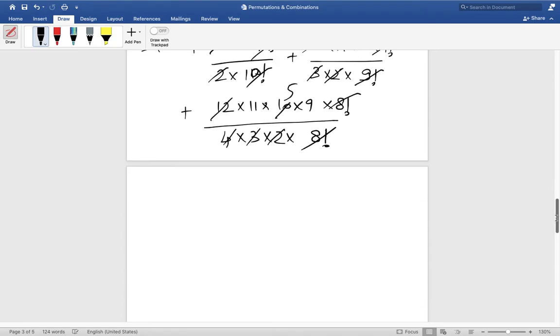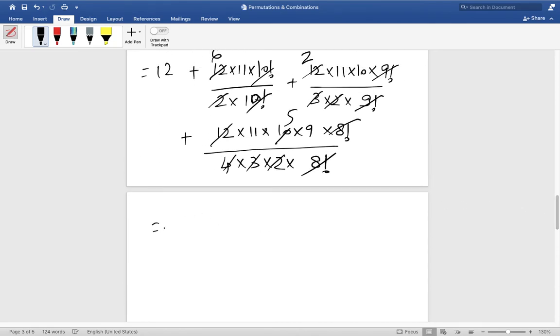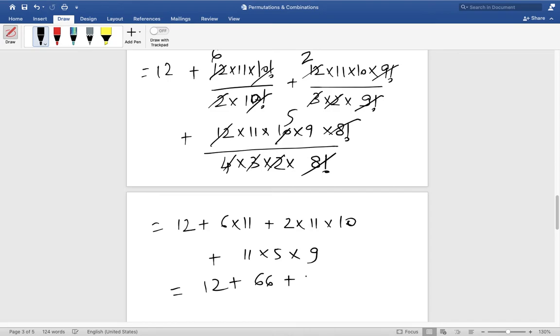So my calculations are 12 plus 6 into 11 plus 2 into 11 into 10 plus 11 into 5 into 9. This is 10, sorry. So 12 plus 66 plus 220 plus 55 times 9 is 495, right?